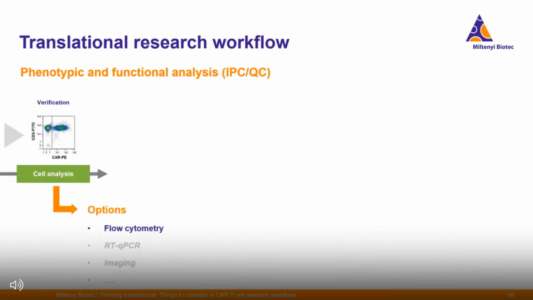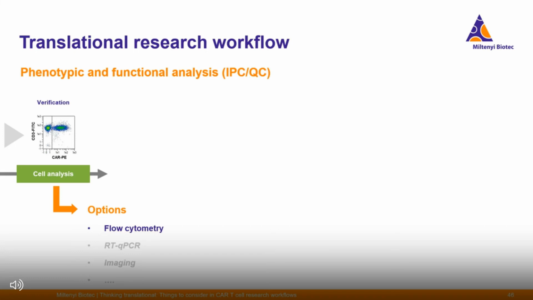Now I would like to take a look at the last step of the workflow, the phenotypic and functional analysis. In a clinical manufacturing setting, this is the in-process control, IPC, and quality control, QC. Of course you also do it in a research setting, but there it's not named IPC or QC, though it's basically the same.